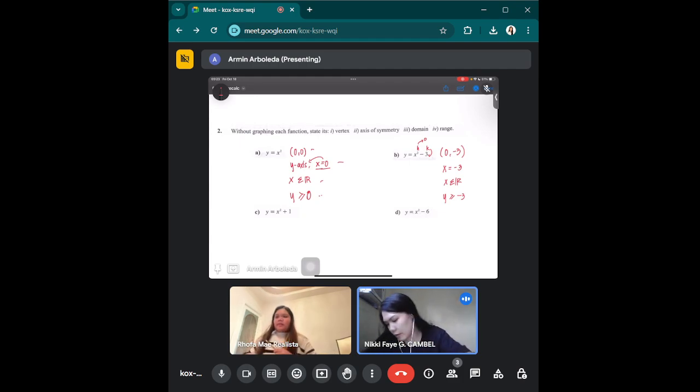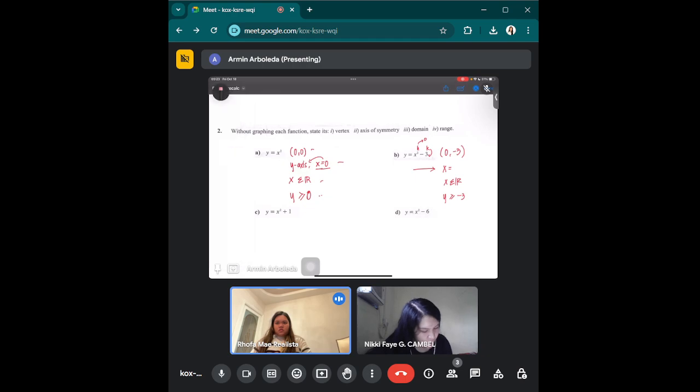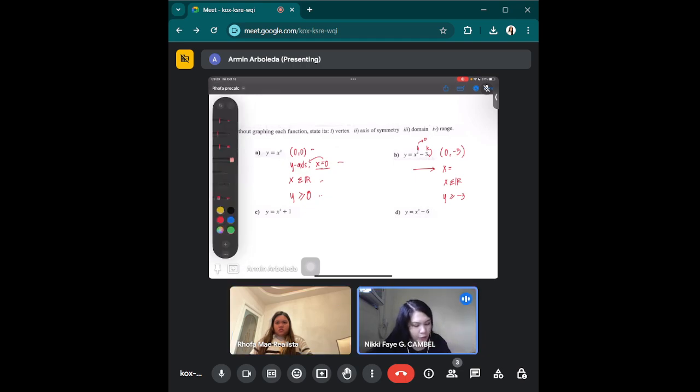Mali yung papel ko. Let me correct this one. Yung axis of symmetry, it's still gonna be 0. Okay? Kasi yung pag i-graph mo to, it's gonna be like this one.